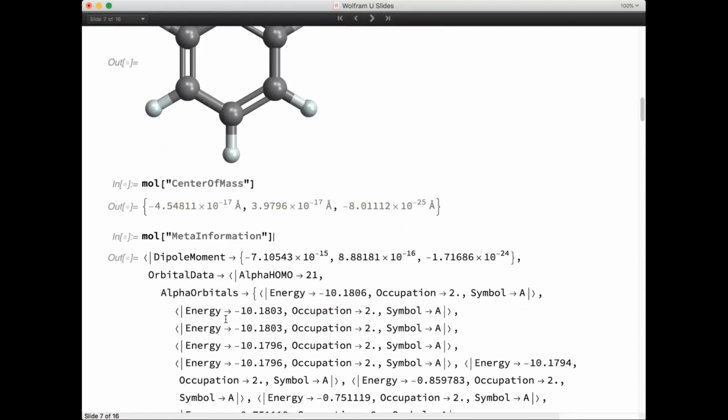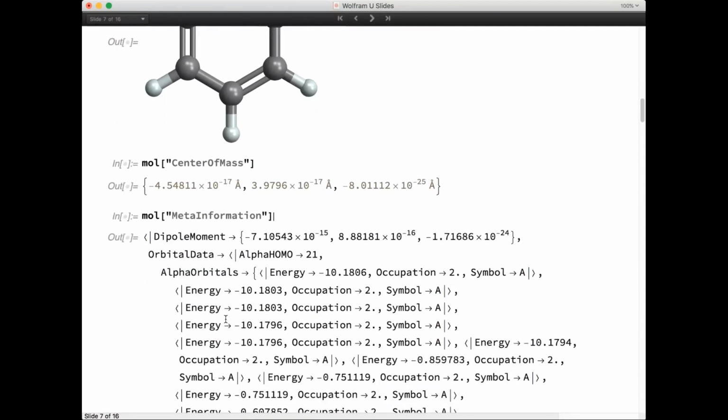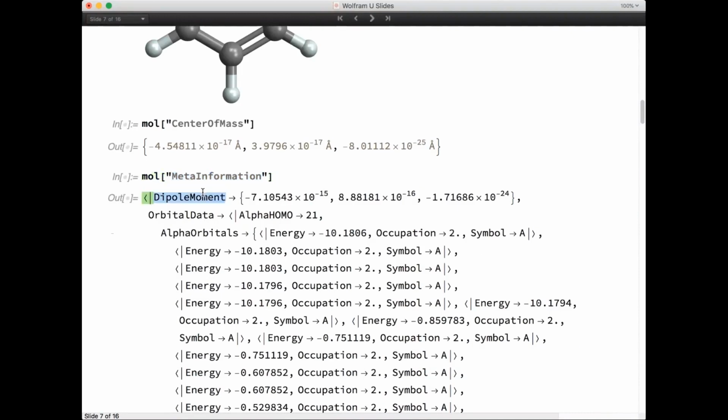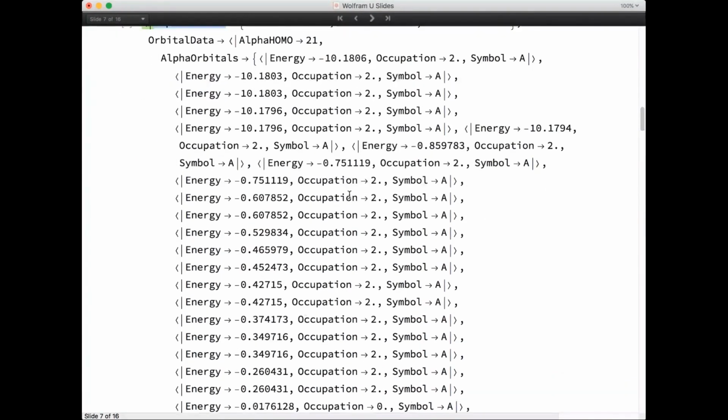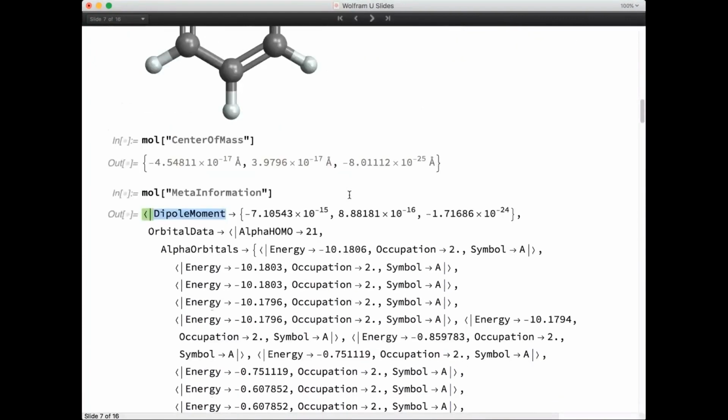So this would be all of the information that was scraped from the file, and it's stored in the molecule object itself under the meta information option. So you'll have things like the dipole moment, the orbital energy, the orbital occupations, and that kind of thing.